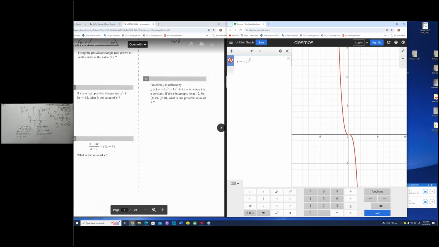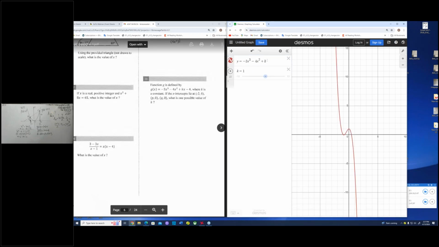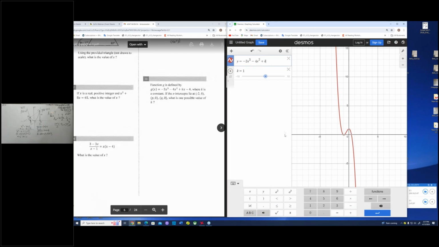Minus, now it's fine. Minus 4x to the second plus k, add the slider, x and minus 4.